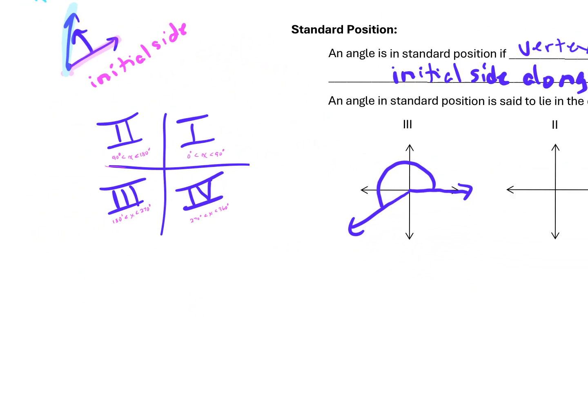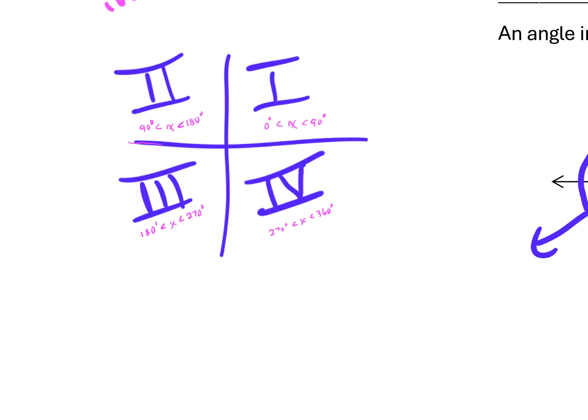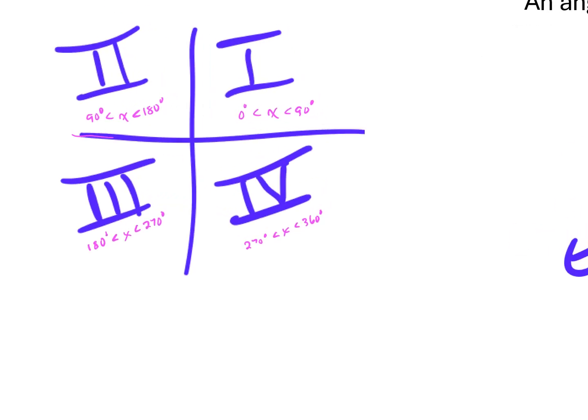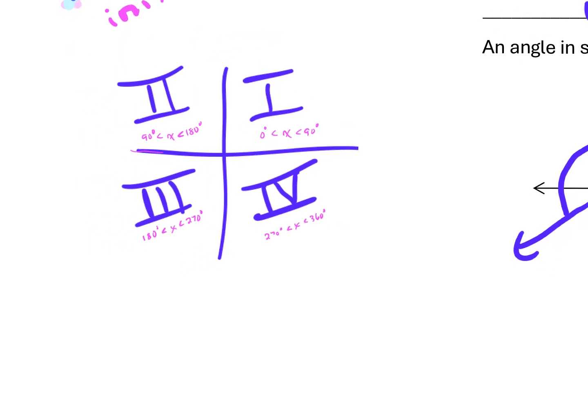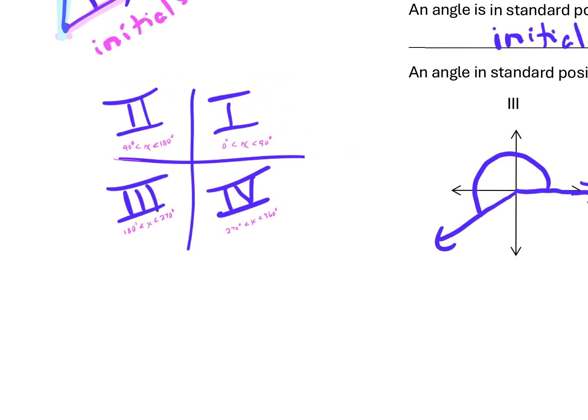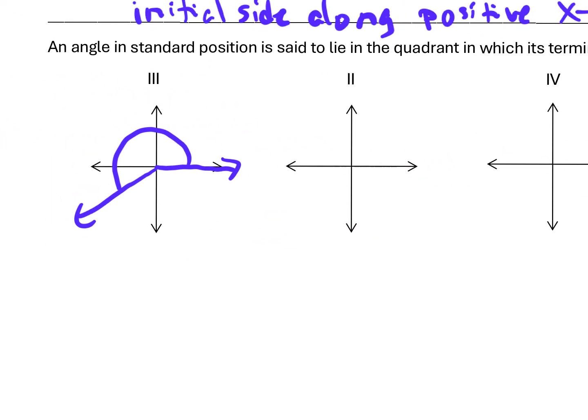Okay, so if we say that we're talking about an angle that's in quadrant 3, then that means we've started at our standard position and we've rotated around somewhere between 180 and 270 degrees, okay? We're going to talk about adjusting that rotation here in just a second too, though. But let's look at some other examples. Let's go back to this.